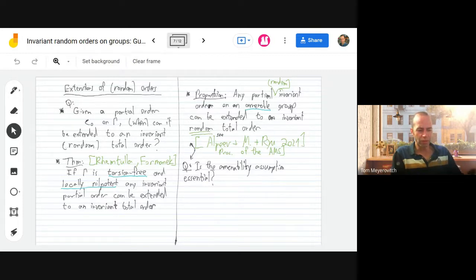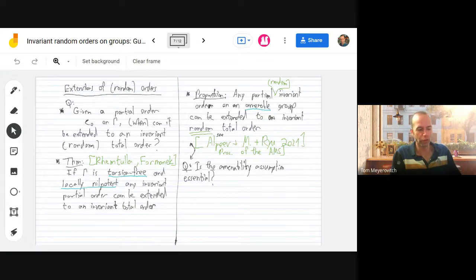But in some cases, for example if your group gamma is torsion-free and locally nilpotent, then I indicated before that these groups are orderable, and moreover, if you start with a partial order which is left invariant, you can extend it to a total order. It works for this class, but if you go a little bit beyond locally nilpotent to solvable, for example, then it fails.